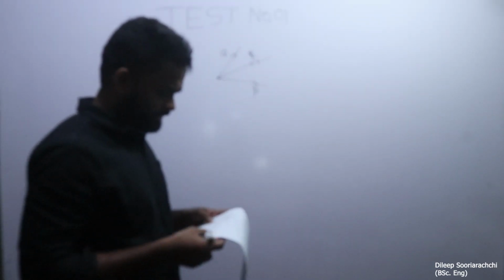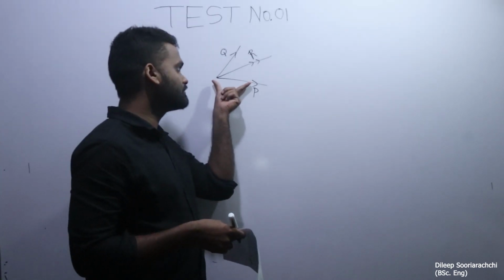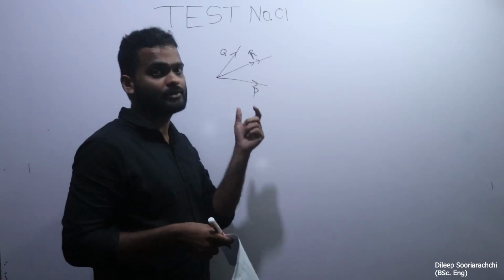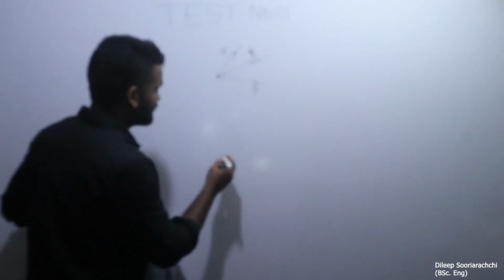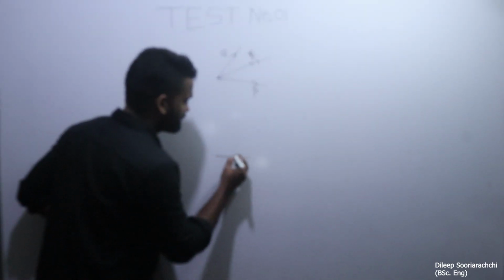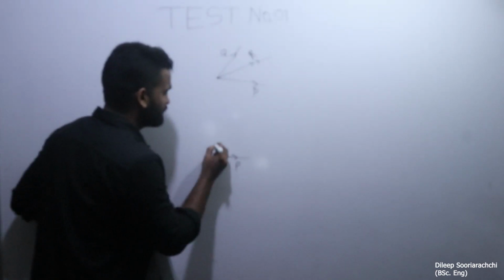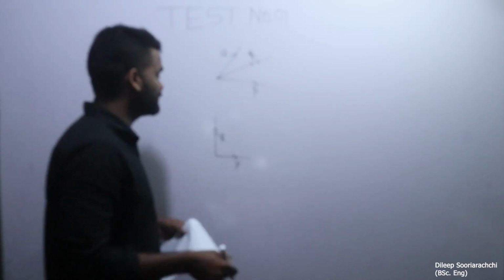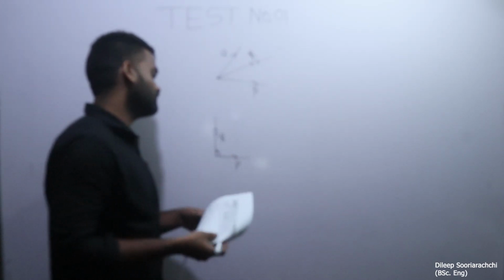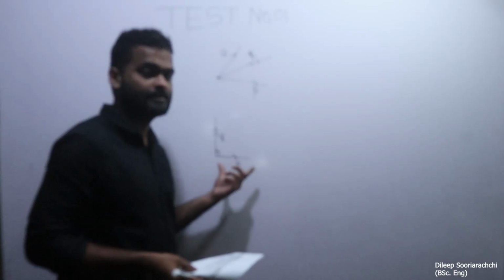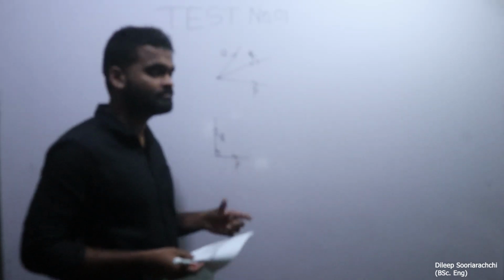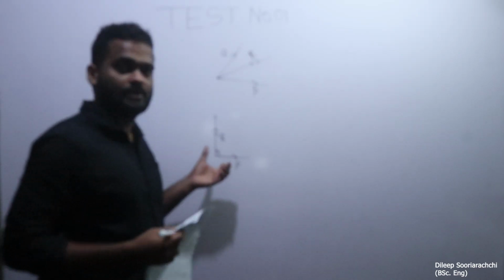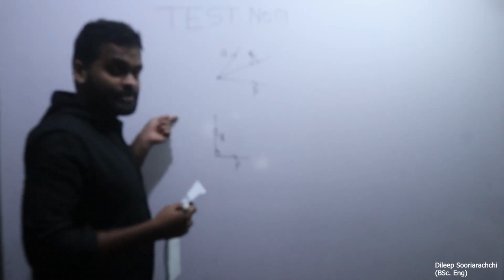Then they say that one of the velocities is perpendicular to the resultant velocity. So if one velocity is P, then the resultant is perpendicular to that one. I take that velocity as P. Then the other velocity vector should be in this direction, right?